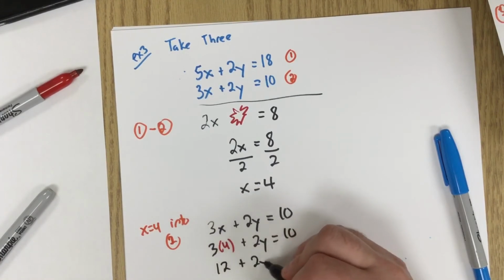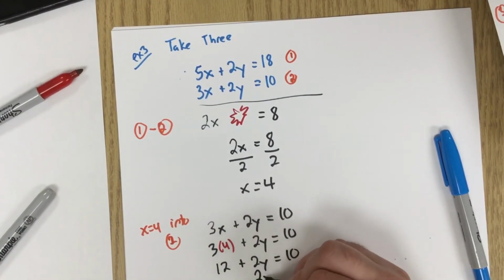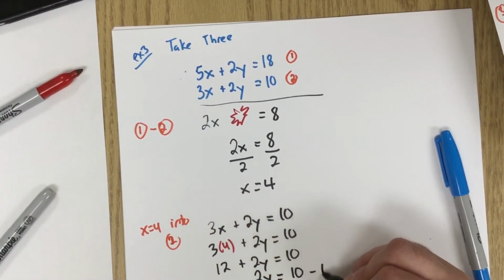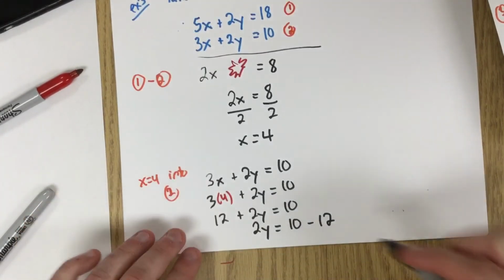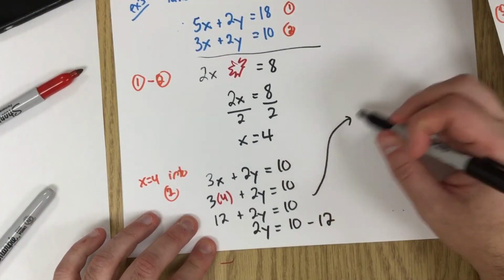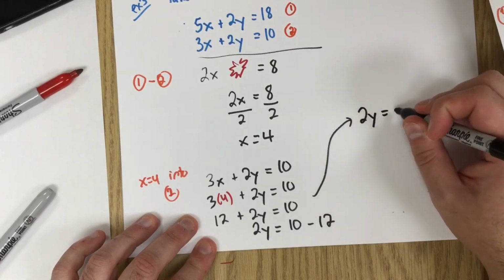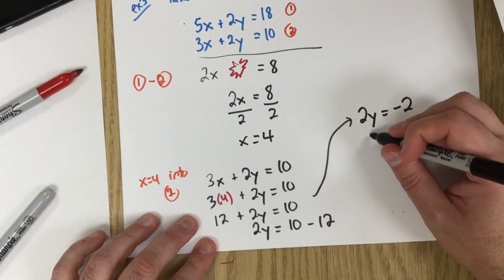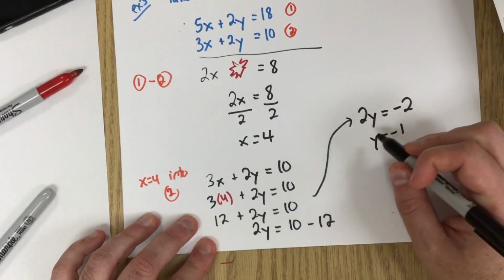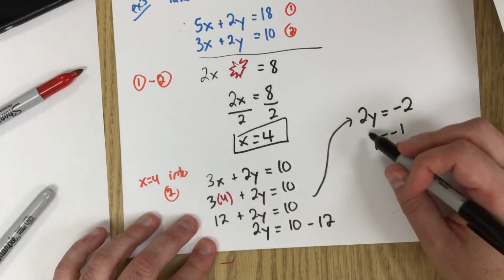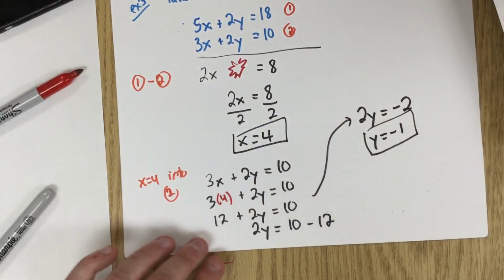So 12 plus 2y equals 10. 2y equals 10 minus 12. So 2y equals negative 2. Divide both sides by 2. y equals negative 1. That was one half. That was the other half.